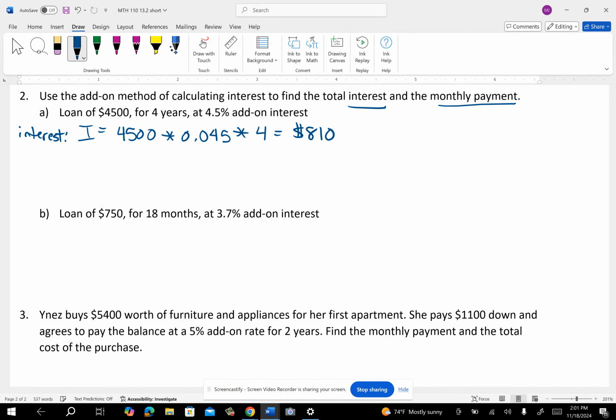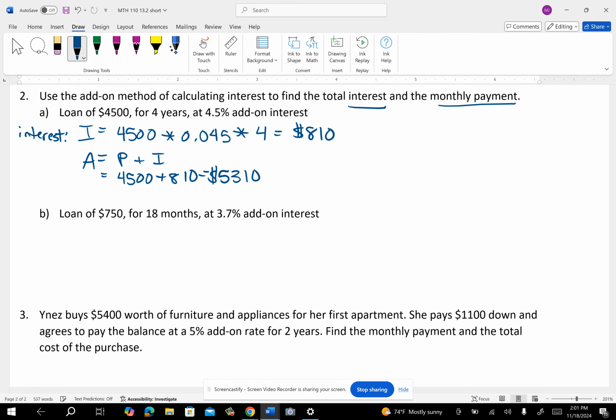Okay. So then I'd need to think about, well, what is the total amount that I'm going to have to pay back? So the total amount I'm going to have to pay back, that's what the A really is, would be the principal plus that interest. So that would be the $4,500 I borrowed plus the $810, which would mean I have to pay back $5,310.